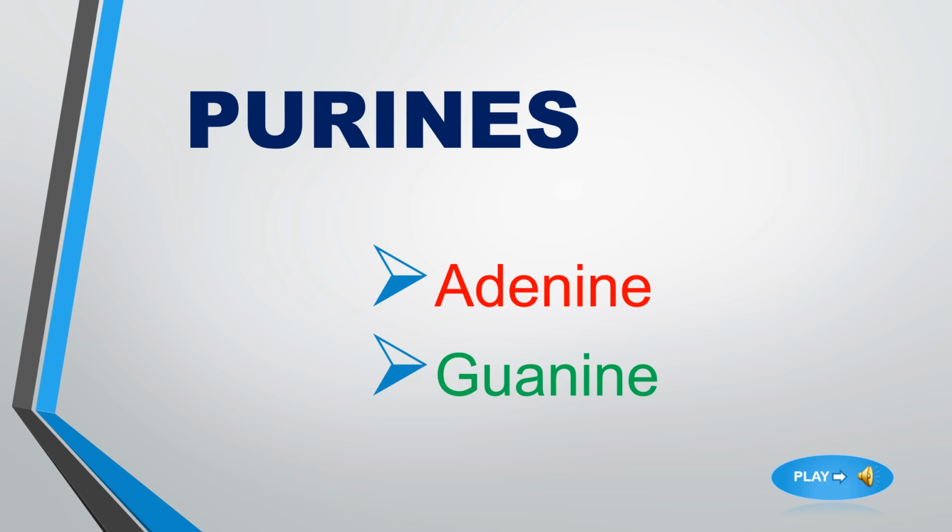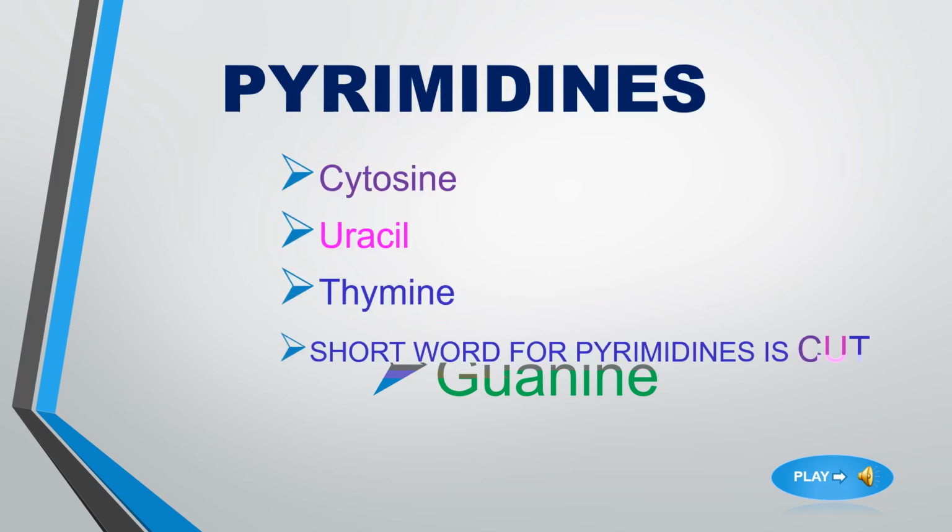Pyrimidines are cytosine, uracil, and thymine. The short word for pyrimidine is CUT: C stands for cytosine, U stands for uracil, and T stands for thymine.